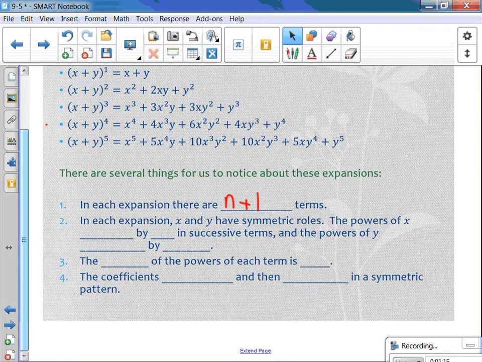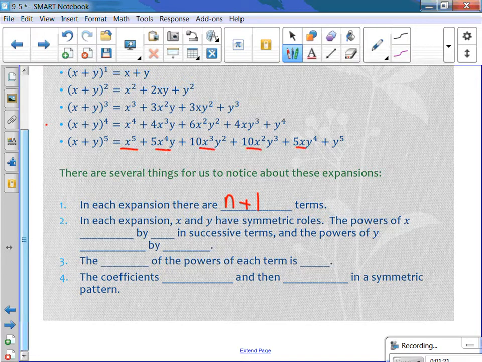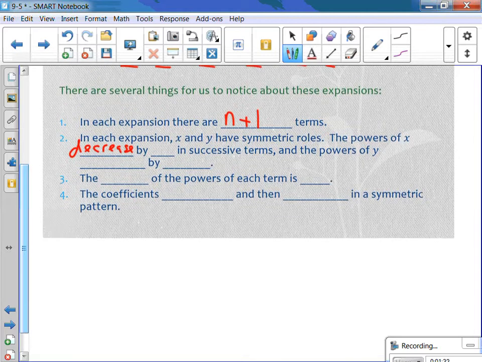The powers of x, we take a look, to the 5th, to the 4th, to the 3rd, to the 2nd, to the 1st, to the 0th power. So we can see that they are actually decreasing by 1. And at the same time, the powers of y are increasing by 1.